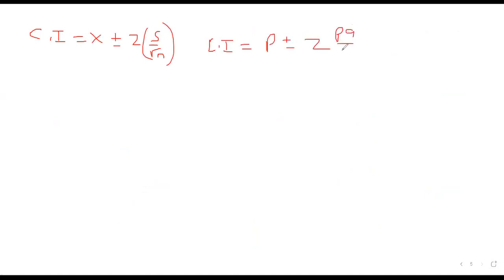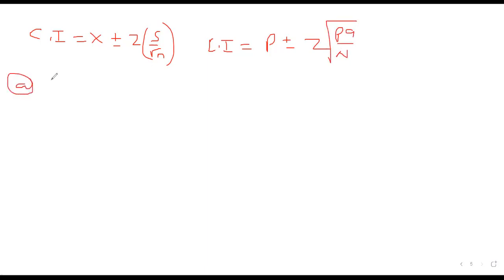Then we also have confidence interval, which I said is given by mean plus minus z, standard deviation over square root of n. The other one is the proportion. We're given confidence interval is equal to p plus minus z square root of pq over n.